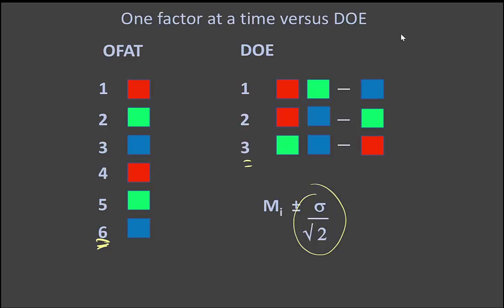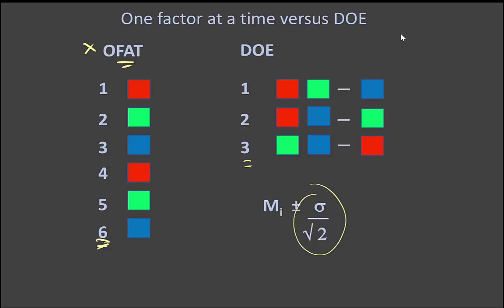We can always increase the precision by taking more experiments. So the question is, for a certain cost, a certain time, a certain number of experimental runs, what's the maximum precision I can achieve? And the interesting thing is, we achieve it by not doing one factor at a time. If we vary multiple things simultaneously, we increase the overall precision. So that's a very powerful argument for not doing one factor at a time.